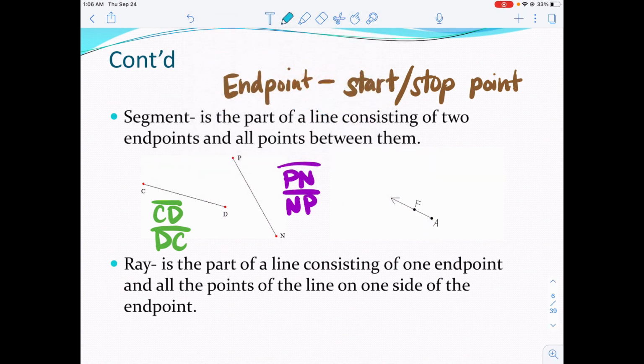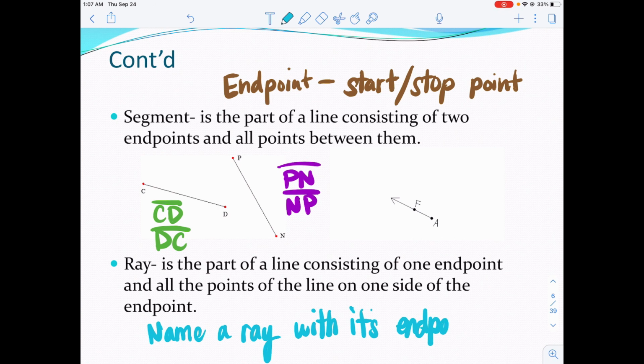So let's go ahead and write down how we name it. Name a ray with its endpoint first. So in this case, it's going to be ray AF, and it has only one arrow.